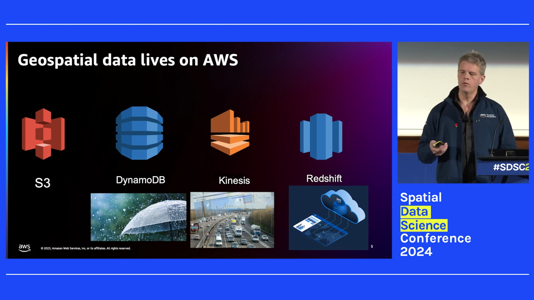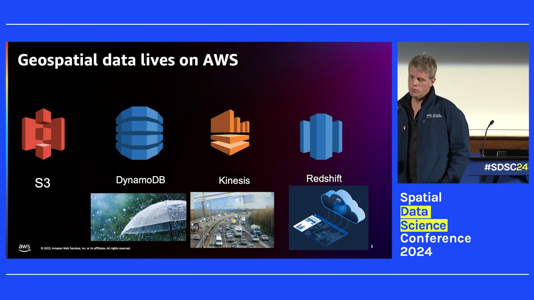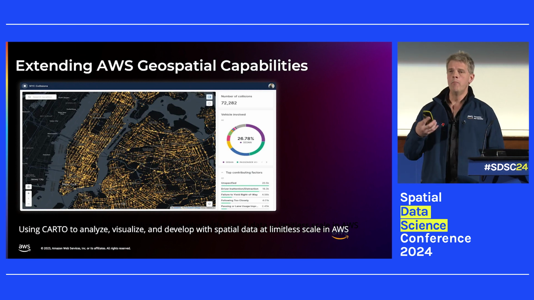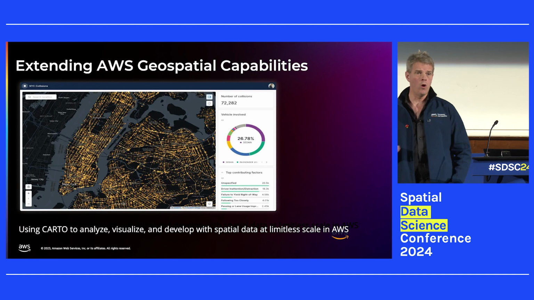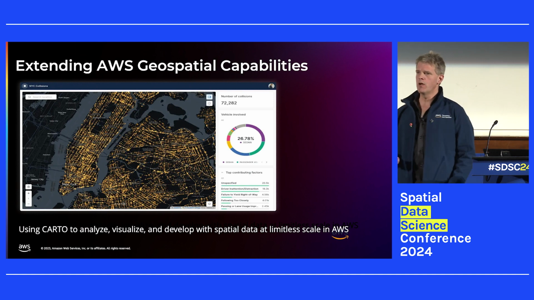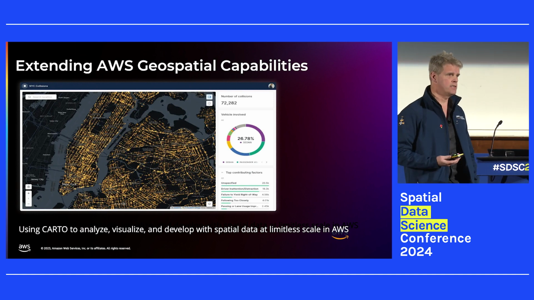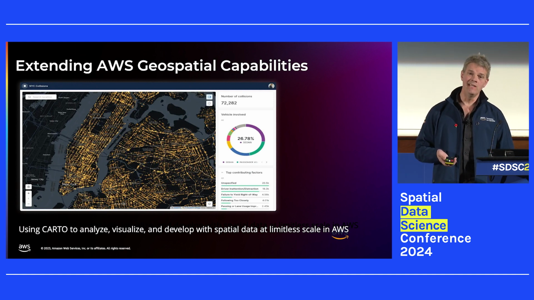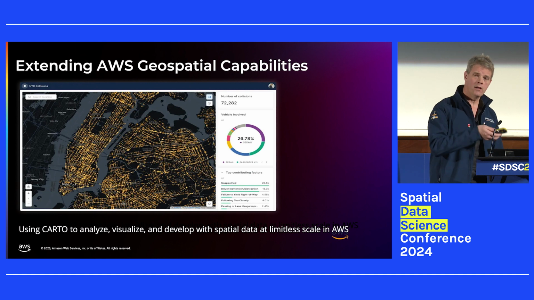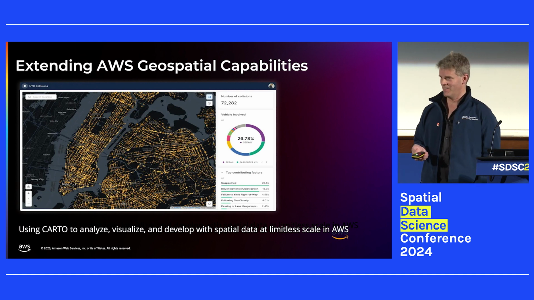And so the types of data that we're working with all the time allow us to work with partners, and partners are the lifeblood of AWS. Well over half of revenue AWS comes through our partners. So we obsess over our customers, and our partners are our customers, which means that whilst we may have 112 geometric capabilities in Redshift, partners like Carto add another 46.